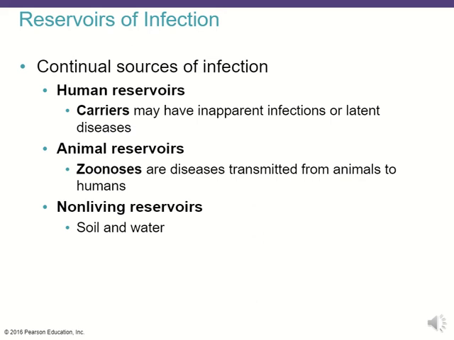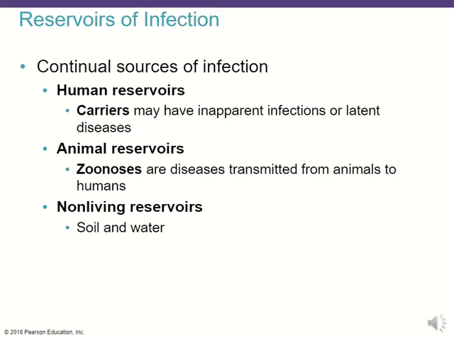Now, reservoirs of infection. These are just continuous sources of infection. Human reservoirs are a situation where humans can be carriers and may have inapparent infections, or they may have latent diseases within them that have not activated or become reactivated yet.